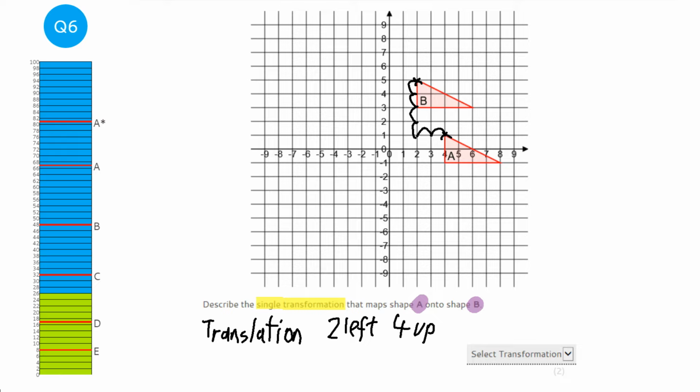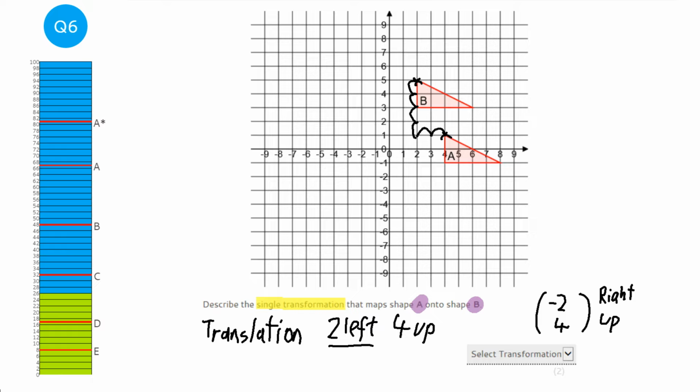Now I can actually write that in what we call vector form. Now vector form is just a set of brackets, and at the top it's how far right you have to go, and at the bottom it's how far up you have to go. Now we had to go 4 up, so the one at the bottom is going to be 4, and we have to go minus 2 right, because we've gone left.